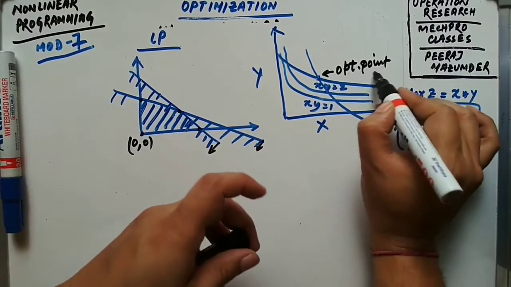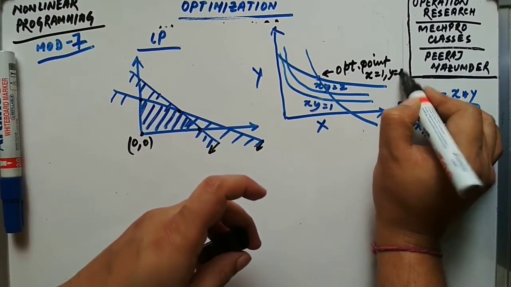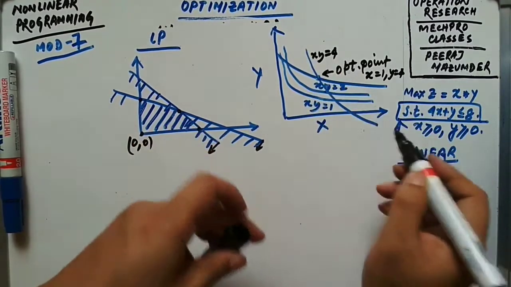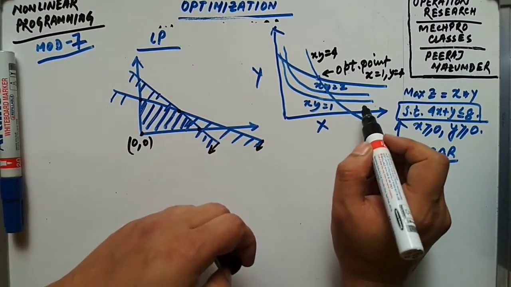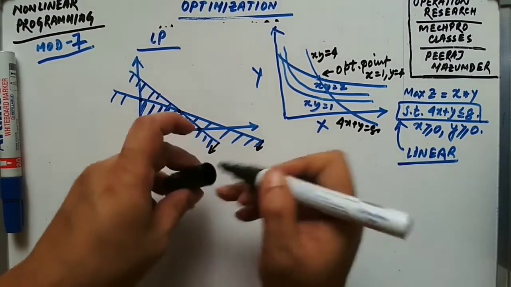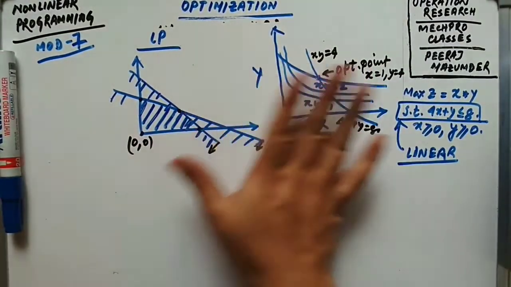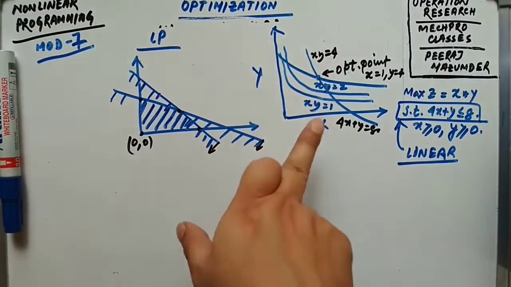So this is the optimal point, and this is the xy equal to 4 line. And this one is 4x plus y equal to 8. Such like that. So you just stick to the concept of nonlinear programming, solving in a graphical way.